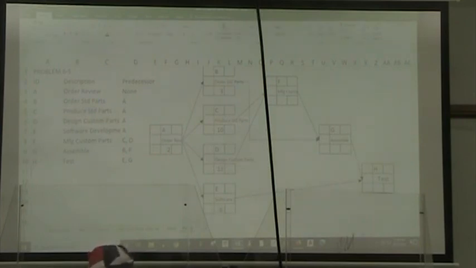Software development is 18. Manufacture custom hardware is 15. Assemble is 10. And test is 5.